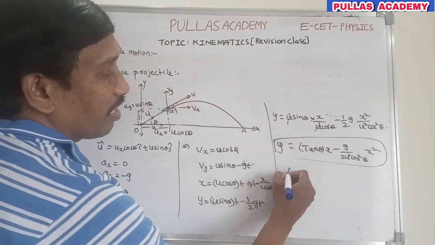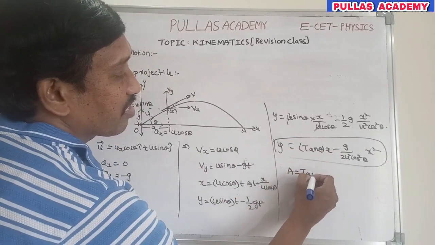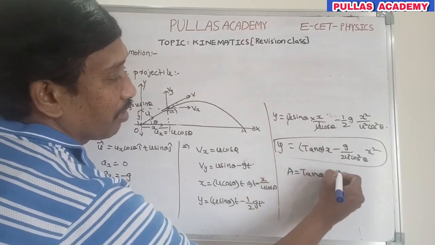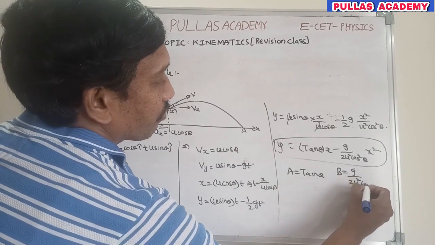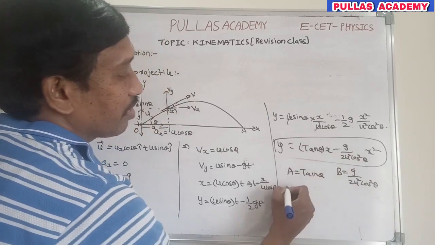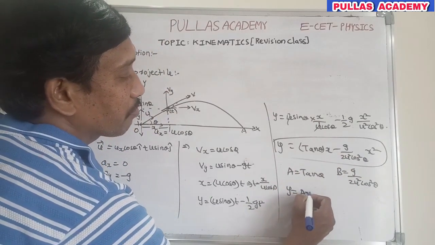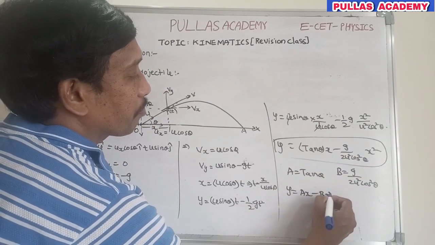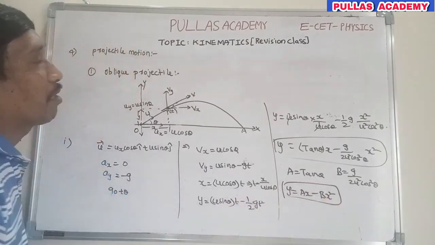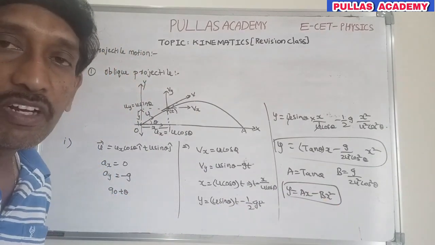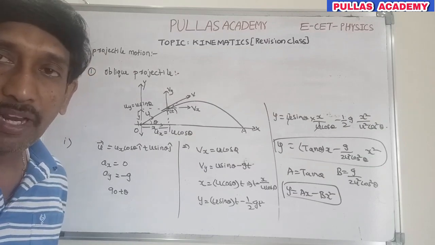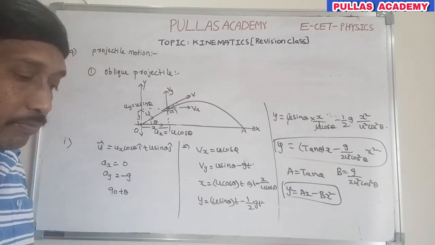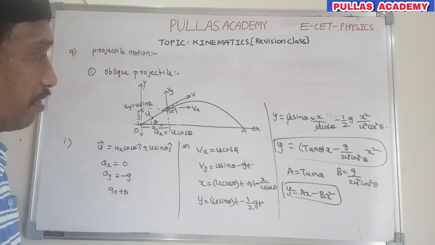Here a is equal to tan theta, and b is equal to g by 2u square cos square theta. If you substitute this, y is equal to ax minus bx square. This is a parabola equation. From this we understand that the trajectory of the oblique projectile is a parabola. So these are the important expressions.